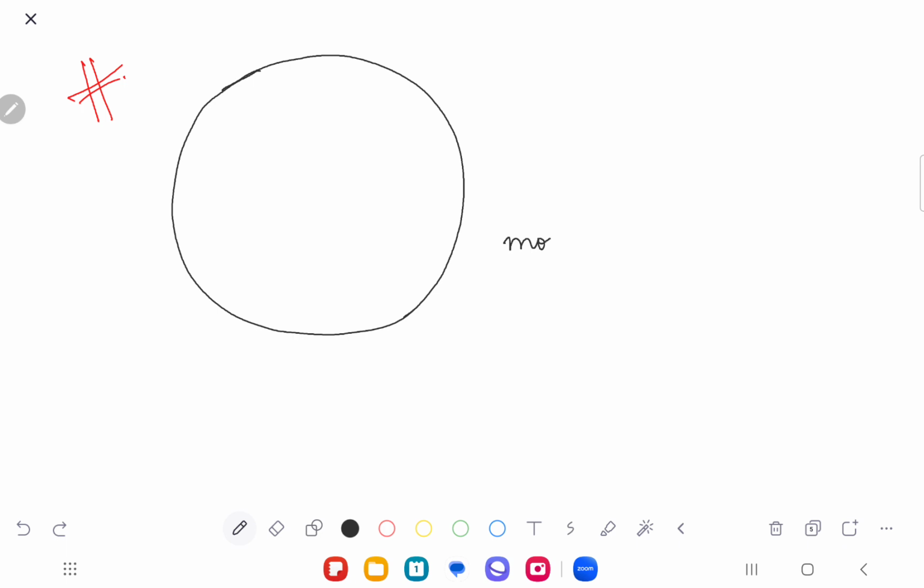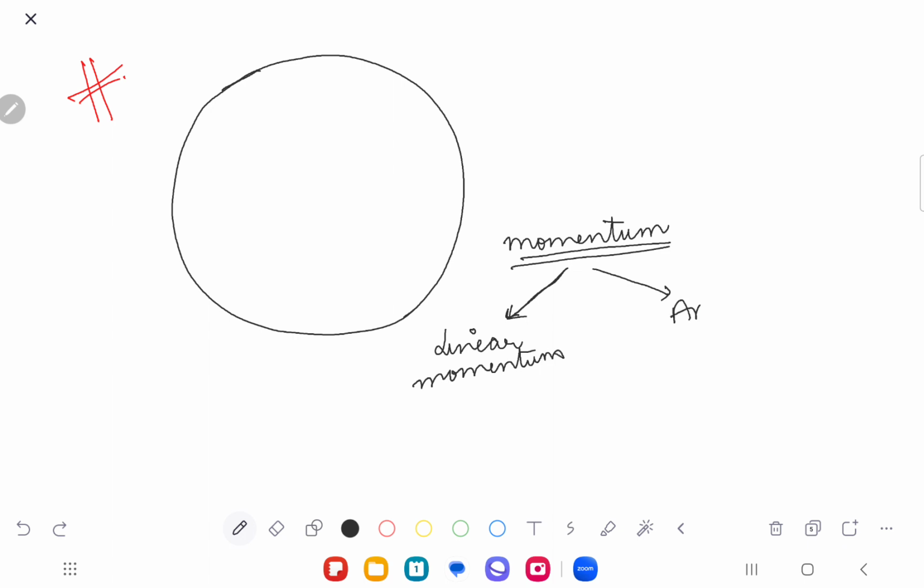Now see, we have the nucleus. Now there is one term which is called momentum. There are two types of momentum. One is called linear momentum, and one is called angular momentum in physics.